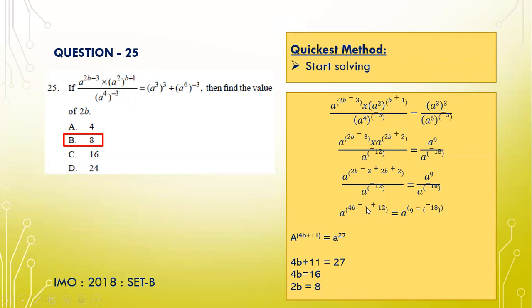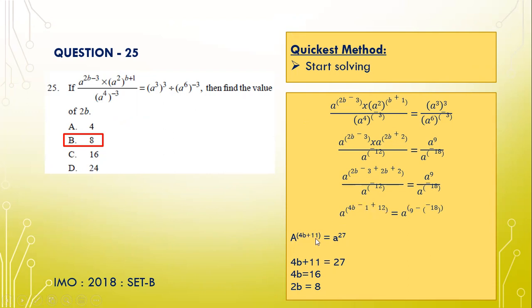So 4B minus 1 plus 12 is equal to A raised to 9 minus of minus 18, because when this goes up, it will be A raised to 9 minus 18... So this will be A raised to 4B plus 11, because 4B minus 1 plus 12 is 11.